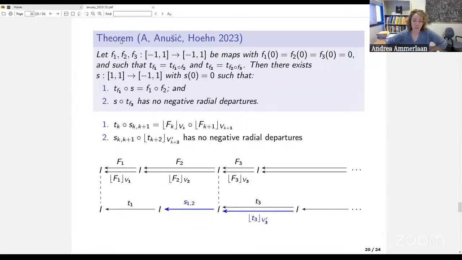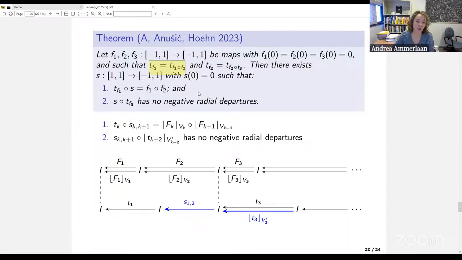So we apply the theorem. For every odd k we can apply this theorem now, where if I just talk in terms of F1 and F2, the same can be said for any odd k. If we consider F1 truncated with respect to V1 as our F1, and F2 truncated with respect to V2 as our F2, and then some other map, which I won't give you, as our F3, we have this stabilization property that we wanted.